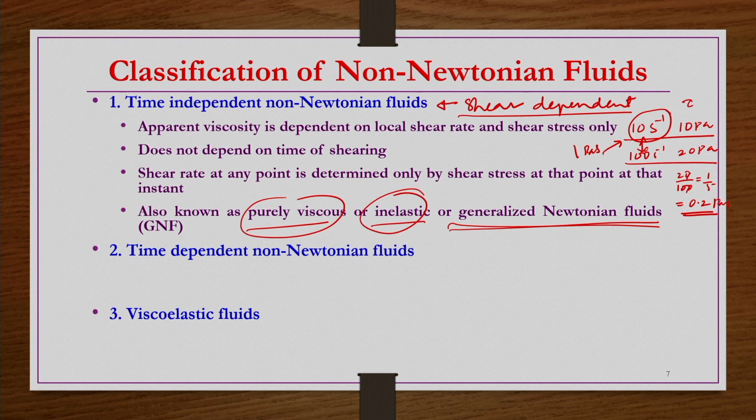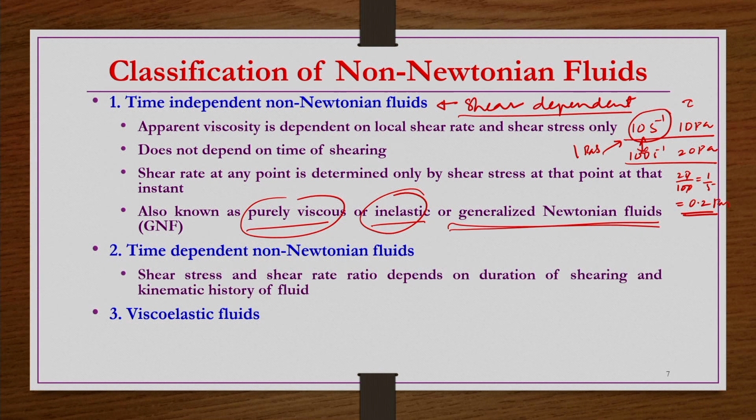Right. So, that is the first class of these materials. The second class of non-Newtonian fluids is the time dependent non-Newtonian fluids. So, they are dependent on the duration of shearing as well. The apparent viscosity is also dependent on the duration of shearing. The ratio of shear stress and shear rate depends on the duration of shearing and the kinematic history of the fluid as well.